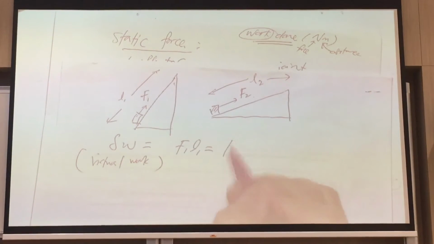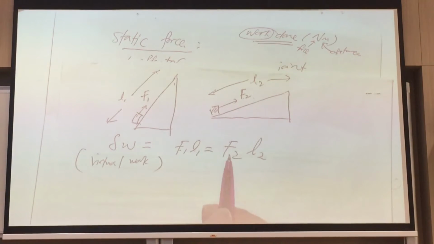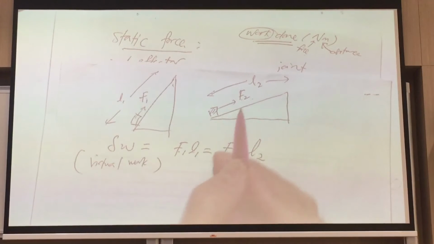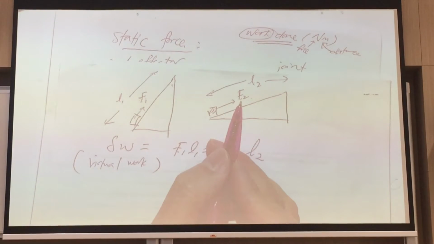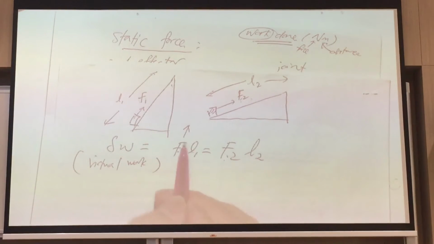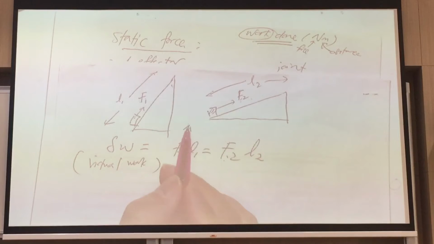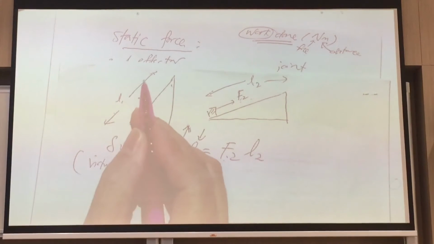For F2, you move a distance of L2. They are equal. The amount of work done is equal. But compare force 1 and force 2. Which one is higher? Which one is more difficult? The higher force required means a shorter length.